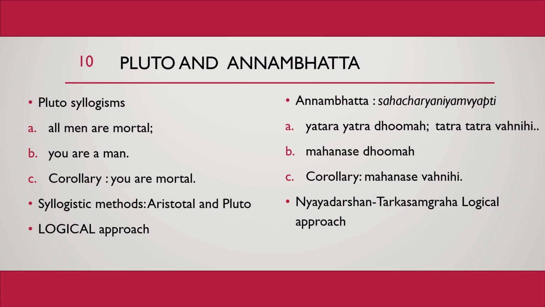PLUTO is the father philosopher of research from the Western science, whereas I put ANNAMBHATTA as the father and philosopher of research methodology for Ayurveda. PLUTO gave us a syllogism: all men are mortal, you are a man, and therefore you are mortal. This is the logical approach to find out cause and effect relationship.